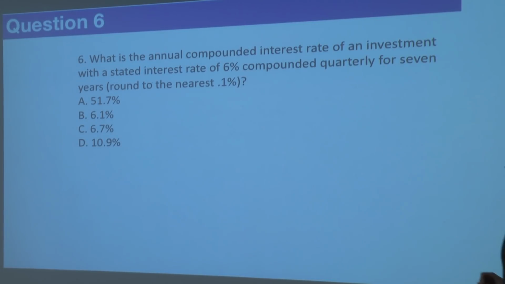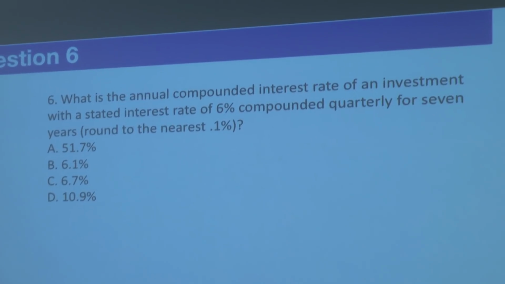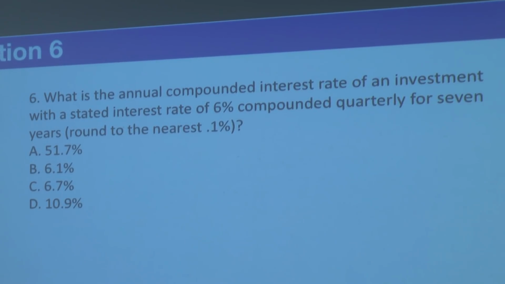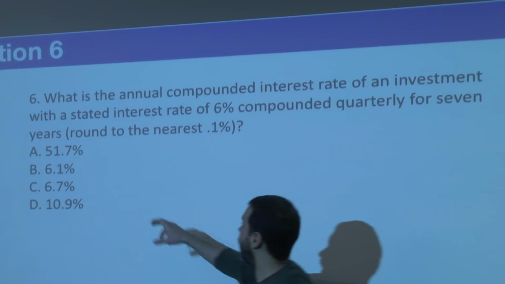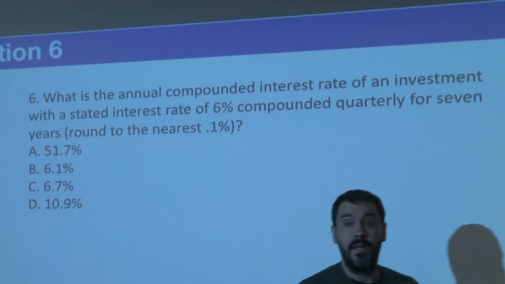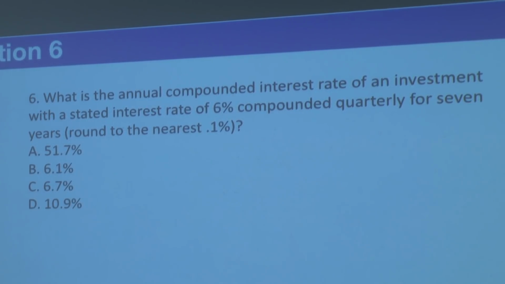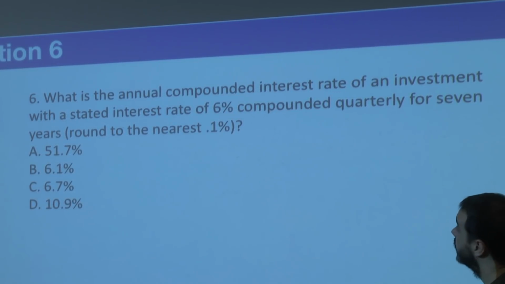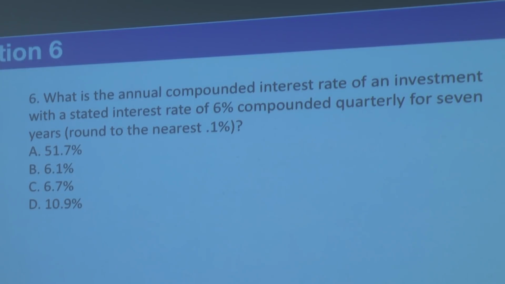What is the annual compounded interest rate of an investment with a stated interest rate? When you read stated interest rate, you know that's the APR, of 6% compounded quarterly for 7 years. All right. So what do I have here? I have the APR, and I have the number of compounding periods per year, which is 4.